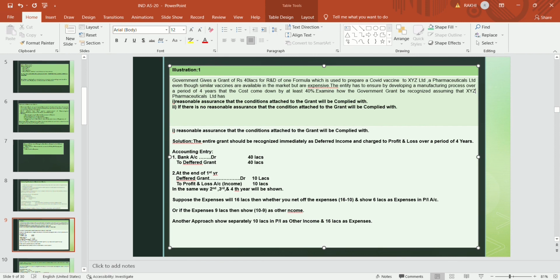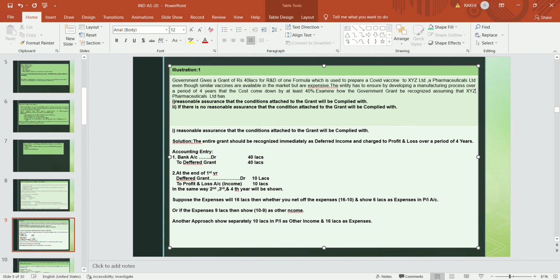And at the end of the first year, what was the entry? At the time of receiving, they will debit the bank account and credit the deferred government grant. Then at the end of the first year, the deferred grant will be debited by 10 lakhs, and profit and loss will be credited by 10 lakhs as other income.